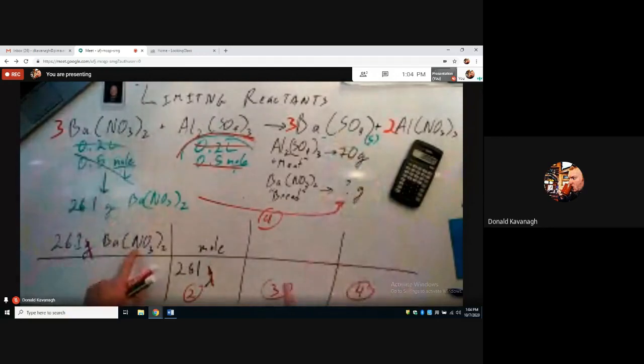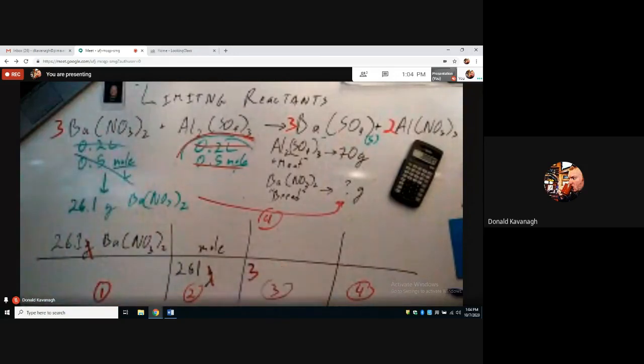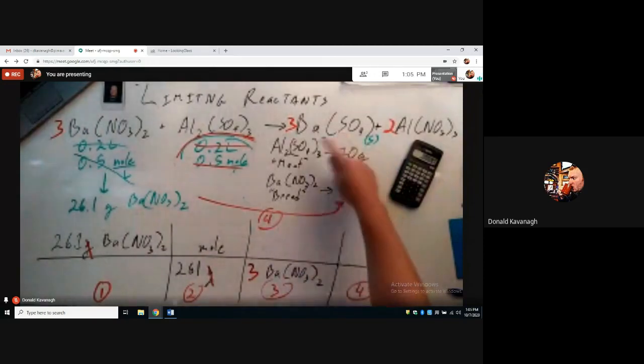To make barium nitrate cancel out, I need to put this whole thing downstairs. And that means the only place for this to go is upstairs.